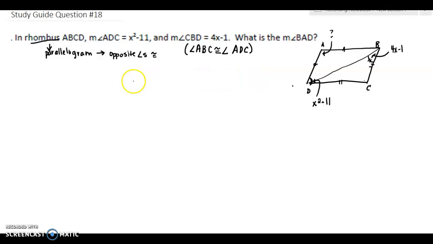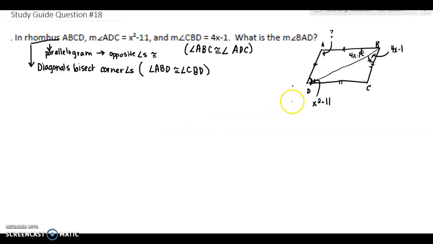And we also know that it's a rhombus, and therefore, a property of the rhombus is that the diagonals bisect the corner angles, which means that if this here is 4x minus 1, then this here has to be 4x minus 1. So that means that angle ABD is congruent to angle CBD.